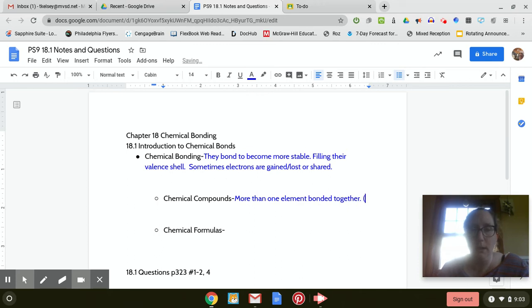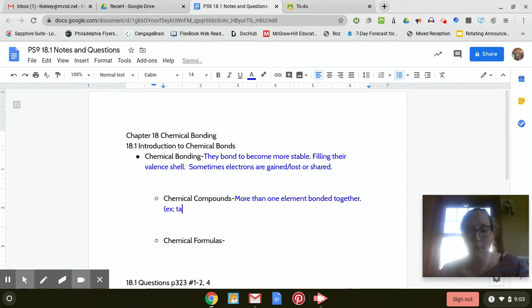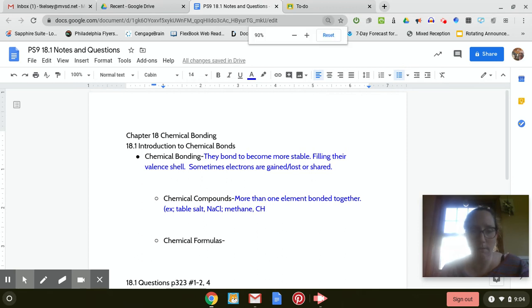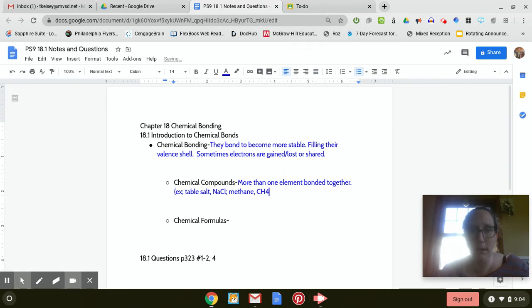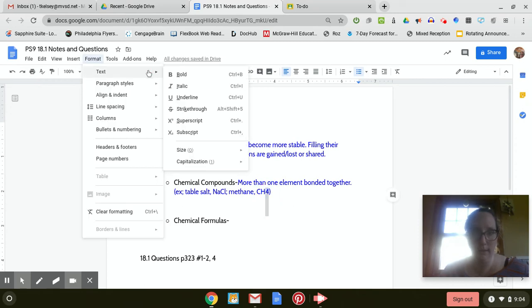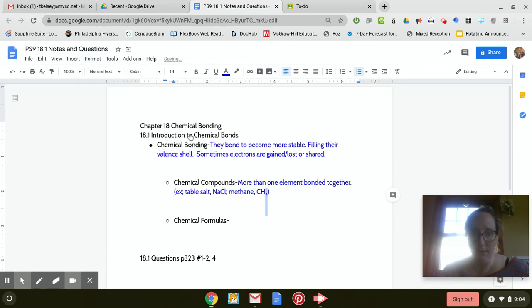Examples: we're going to use table salt, which is NaCl, or methane, which is CH4.